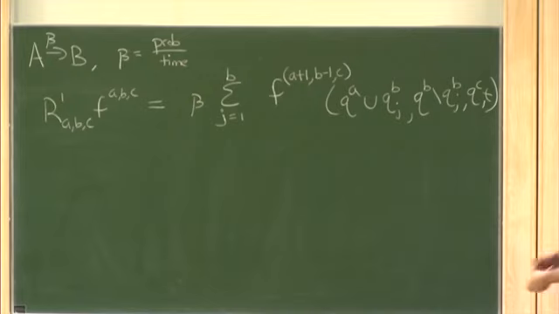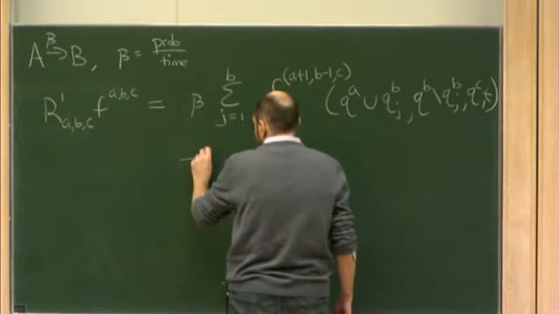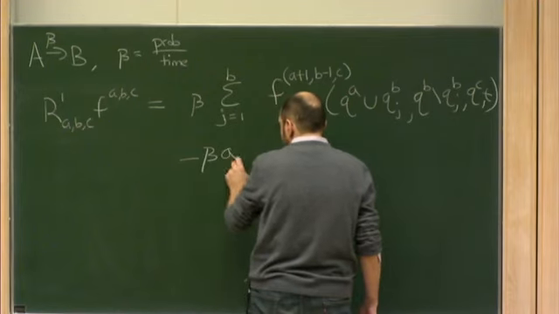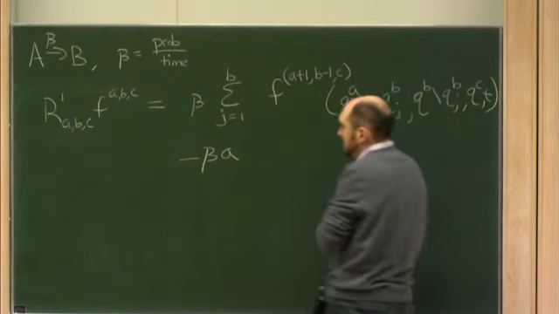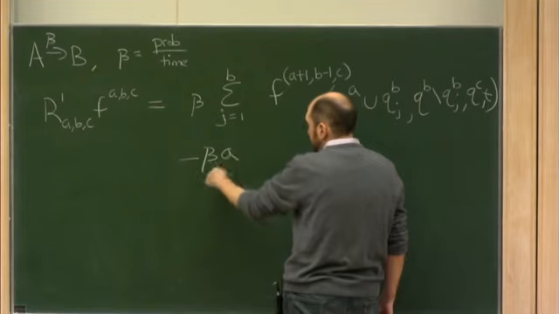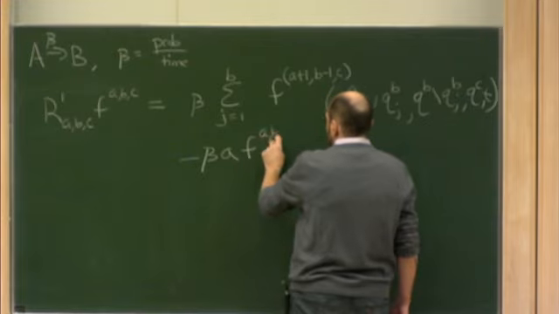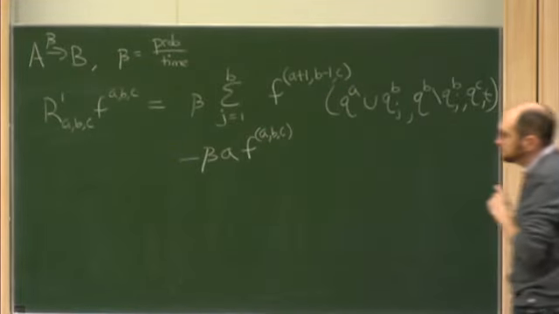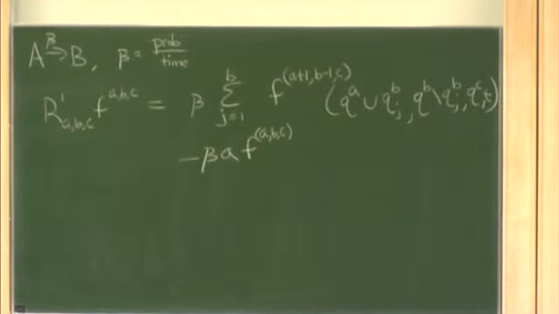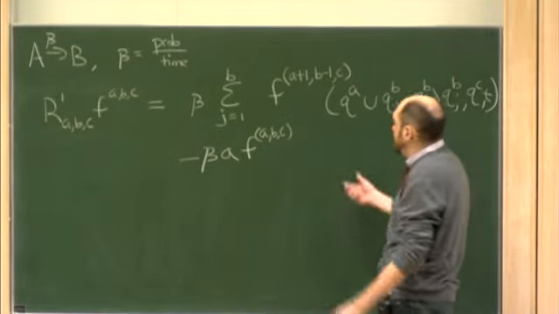And then how do I leave? Well, it's exactly what someone said in their question yesterday. There's A ways that I can leave because I have A different molecules. So the total rate I go out is minus beta A times F, A, B, C. Does that make sense to everybody? Does that match up with your intuition? So it just says every molecule of species A flips at rate beta.